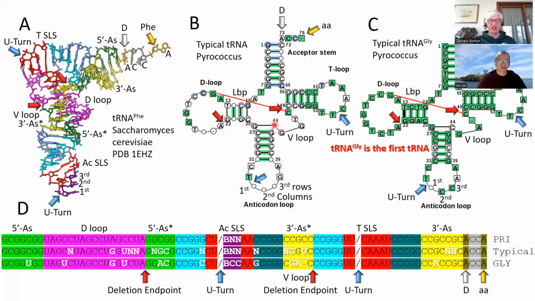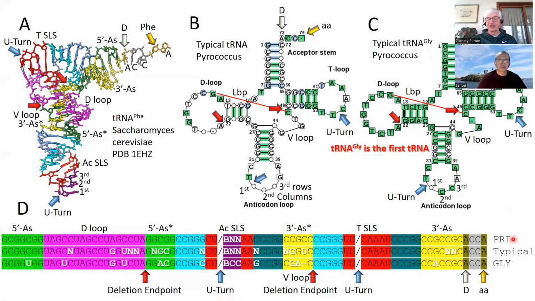And this used to be CCGCC, as in CCGCC there, and it's only slightly changed. So basically, the model is very good. Primordial tRNA, a consensus typical tRNA, that's the same sequence, and a glycine tRNA in this organism is the same sequence.